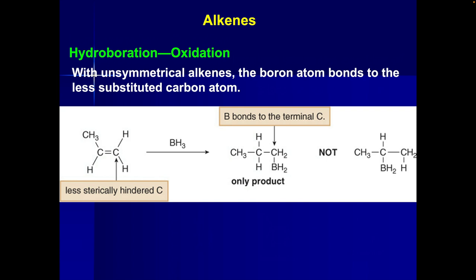And then in the reaction, let's take an example here where we have our propene. We add BH3. Notice you only get one product. Where is the boron going? Which carbon of the alkene?